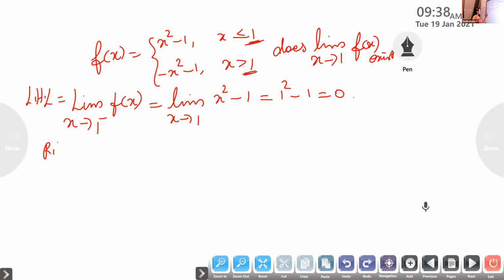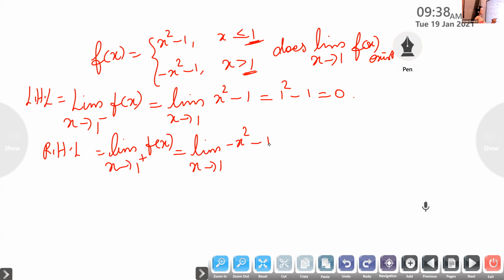Now find out the right hand limit. What is meant by right hand limit? When f of x takes the value for x greater than 1, limit as x tends to 1 plus of f of x. So for greater than 1, what is the function? It is minus x square minus 1. In the place of x, when you put 1, minus 1 square minus 1, we will get minus 2.